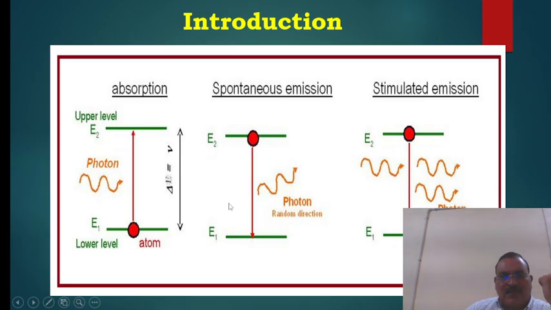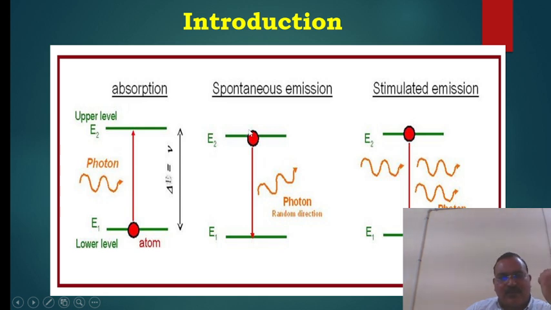Second, and the lifetime of this excited state is generally 10 raised to power minus 8 second. Now your atom is in the excited state, but because of the lifetime of 10 minus 8 second, and a number of atoms are also present in the excited state, they collide with each other and lose energy.